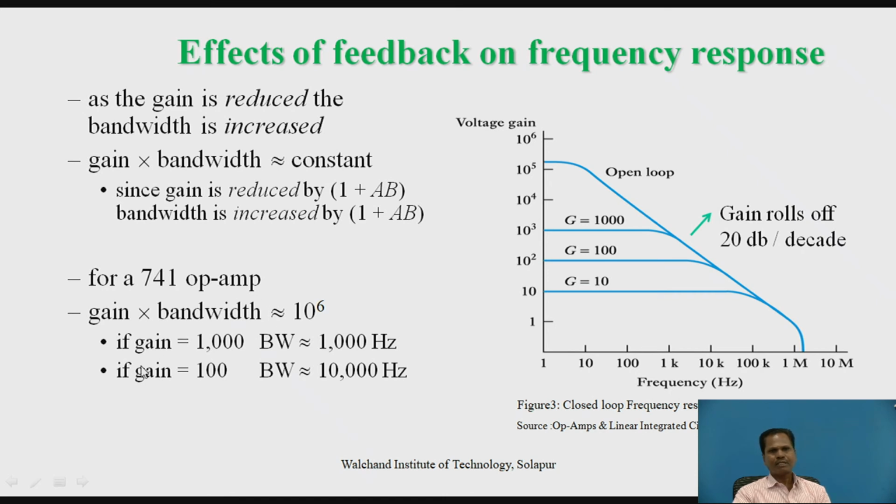For example, if gain is 1000, then bandwidth will be about 1 kilohertz. If gain is reduced to 100, then bandwidth is about 10 kilohertz. So always the gain bandwidth product remains constant. If gain increases, bandwidth decreases. If gain decreases, bandwidth increases. And after the break frequency, the gain rolls off or decreases at a constant rate of 20 dB per decade.